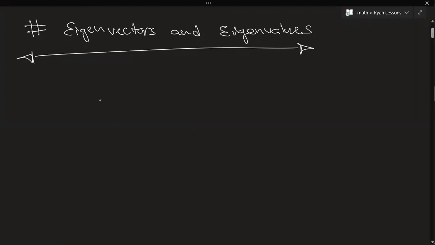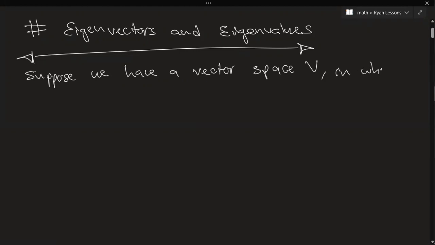You see, suppose we have a vector space V in which an operation or an operational matrix A has been defined.